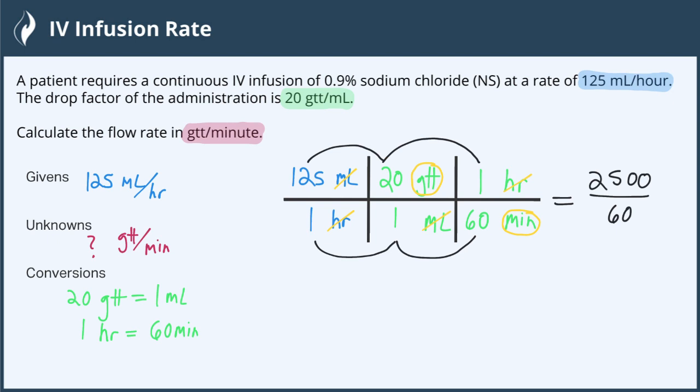So now that I've done the 2 multiplications, we can go ahead and divide those 2 numbers. This comes out to 41.6, and that 6 is repeating, and this is drops per minute. The only thing is, because you can't have part of a drop, we do round this to the nearest whole number, which means that our final answer is 42 drops per minute.